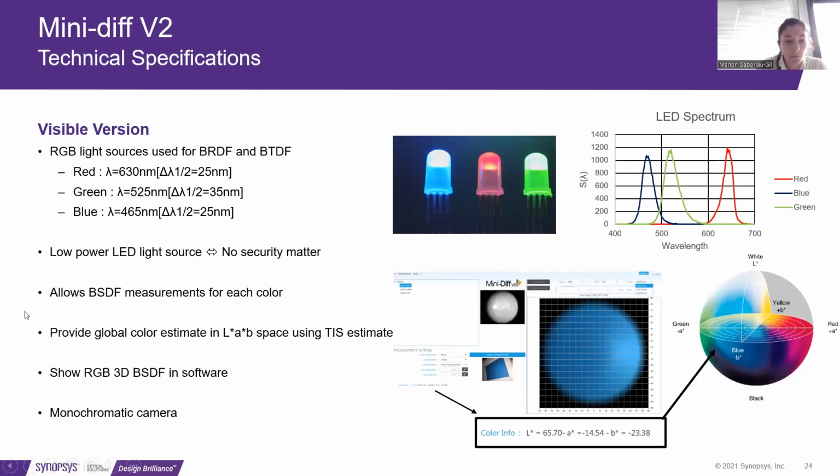The software can show you the RGB 3D BSDF, which is represented here with this blue sample. Here you have the color RGB representation. So you can clearly have information on color.